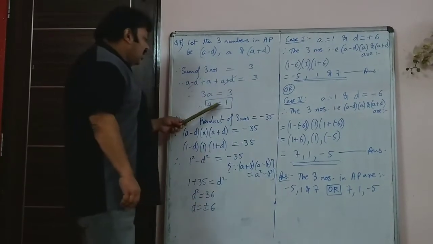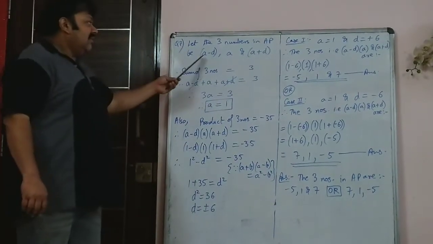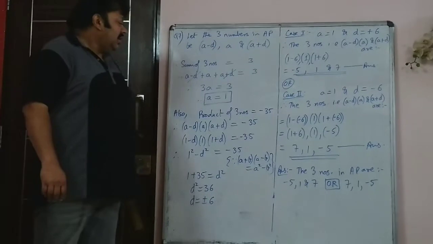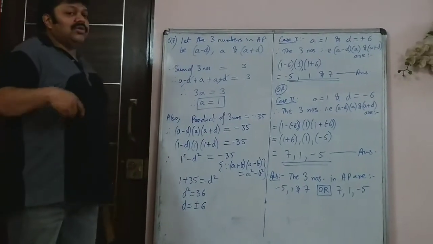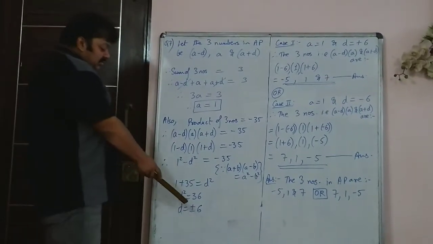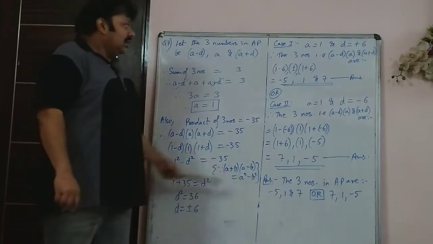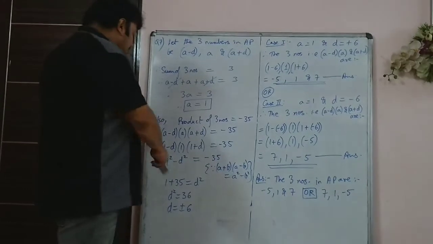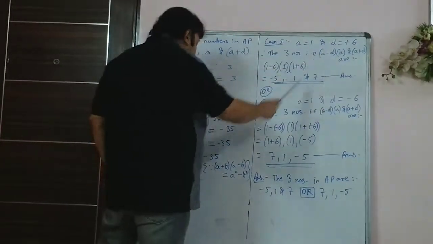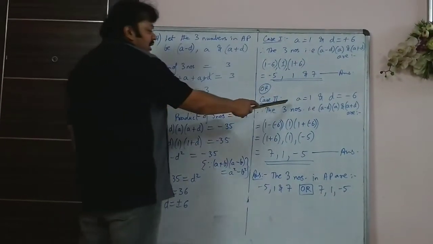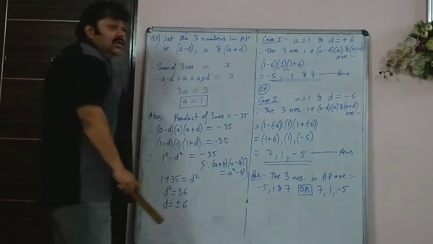So once you have got a and d, then you just have to substitute the values of a and d and find the possible answers. Now see, d is plus minus 6. You have to write it as plus minus 6 and take both the cases. First, when a is 1 and d is plus 6, and second, when a is 1 and d is minus 6.